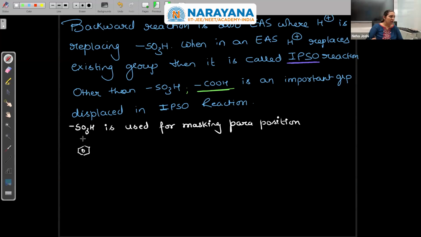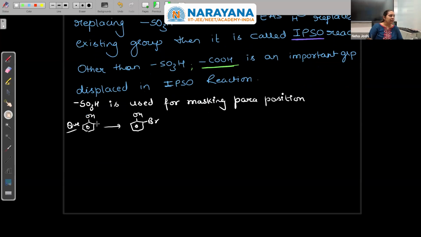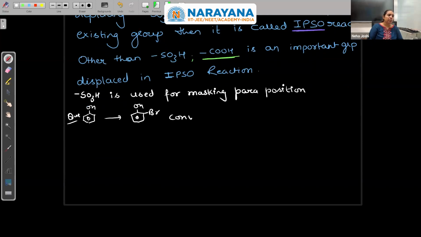What I want to say, for example, I want to convert this to just one bromine. Now you know that this conversion is relatively problematic because para will be preferred. If I go for direct bromine in CS2, I will have ortho-para in which para will be major. So it is not so good.